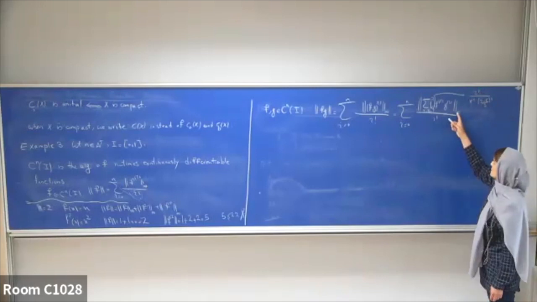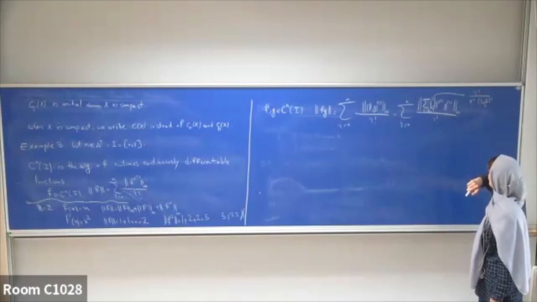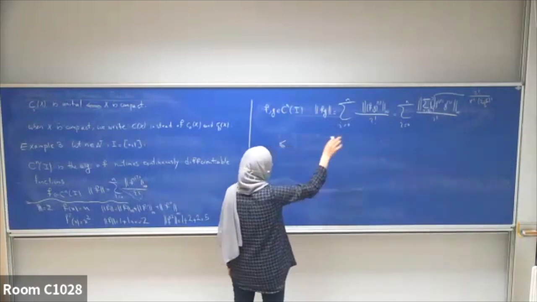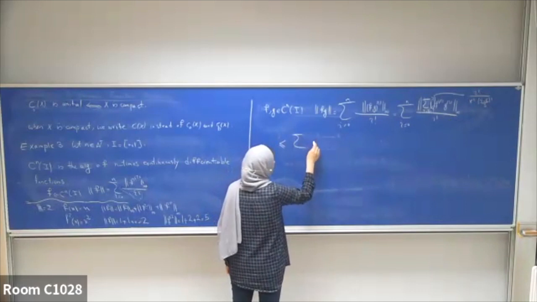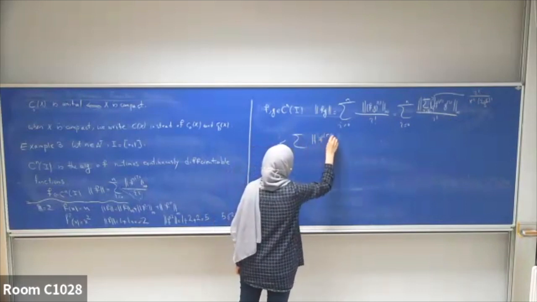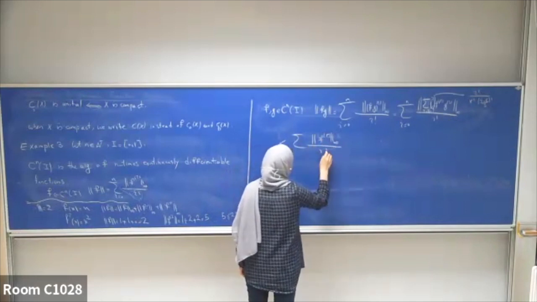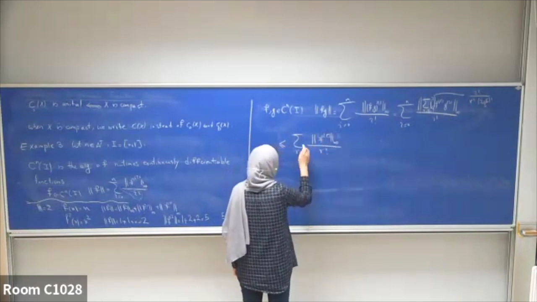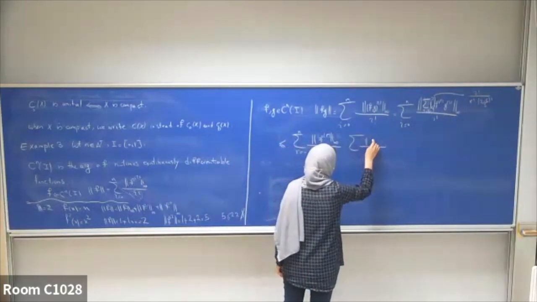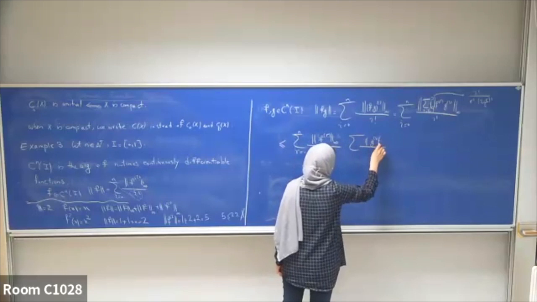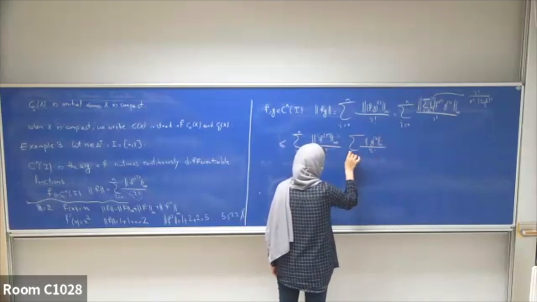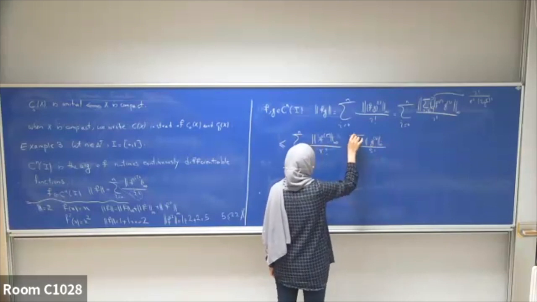And if we use the sub-multiplicativity of the sup norm, this is at most the sum of the norm of f^(r) over r factorial, for r from 0 to n, times the supremum norm of the s-th derivative of g over s factorial, for s from 0 to n.